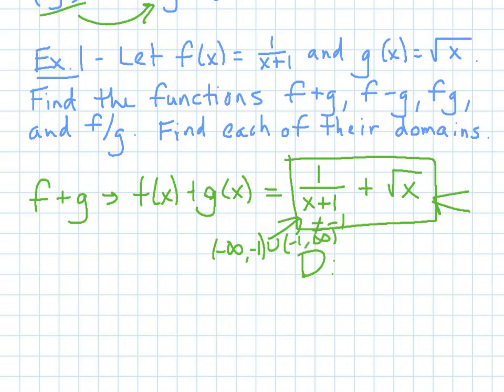For this one over here, you can't be less than 0, right? But you can be 0 or anything above, so your domain is from 0 to infinity. So now you need to take those two domains and combine them into one that reflects all the values that they have in common.